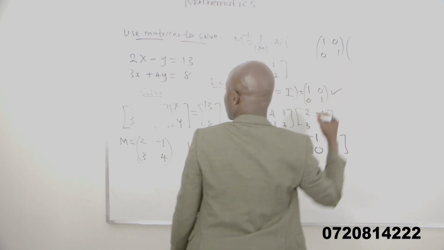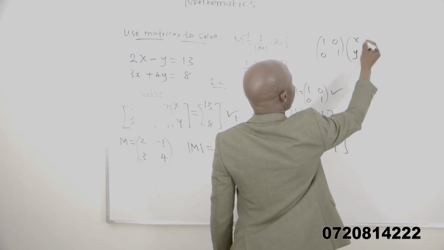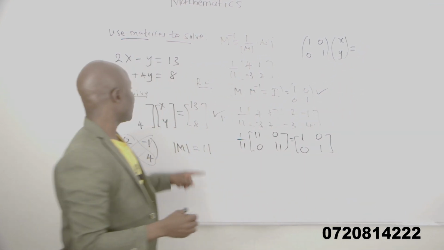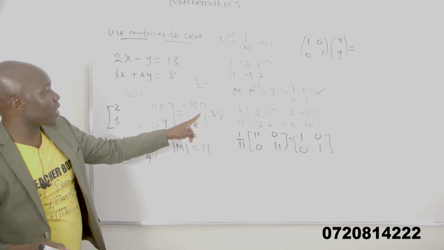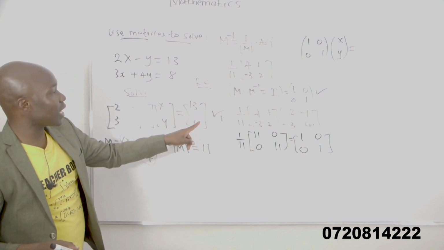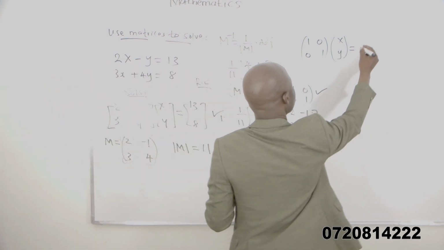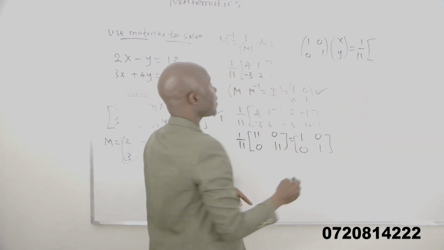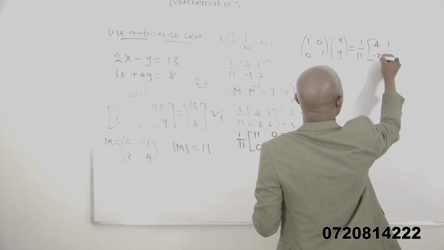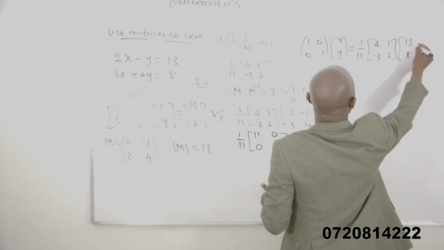So whatever we are going to have here is x and y. So we get x, y. It's supposed to be the same matrix we multiply by the inverse. So we are going to take that particular inverse, which was supposed to be 1 over 11, 4, 1, negative 3, 2, then we multiply by 13, 8.